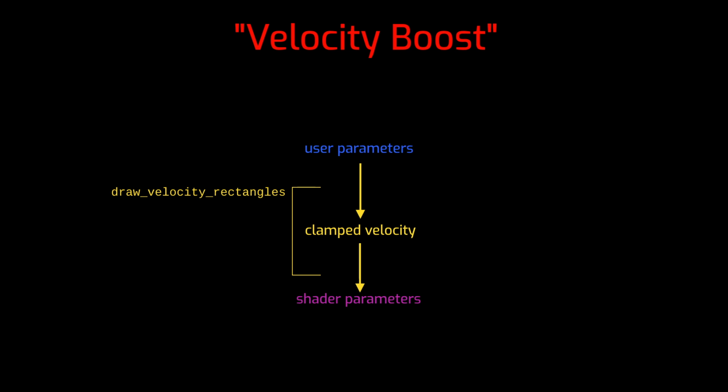Obviously, I'm still going to have clamping lower in there so that the lower layer guarantees that the performance problems won't show up. That is just something that the user can't get access to, sort of the velocities above a certain level. But I want them to be able to put in whatever velocity they want so that they can tune for themselves what kind of boost characteristics they need.